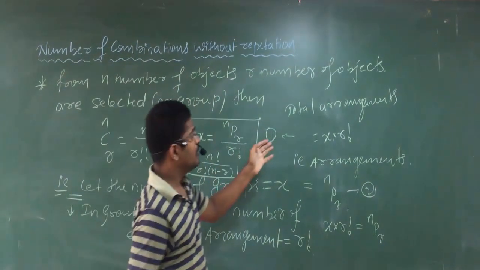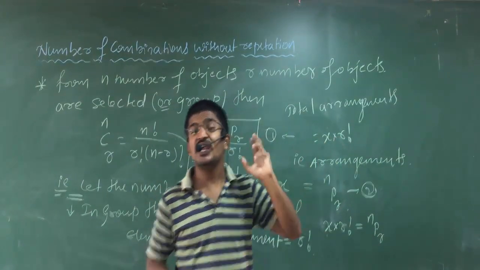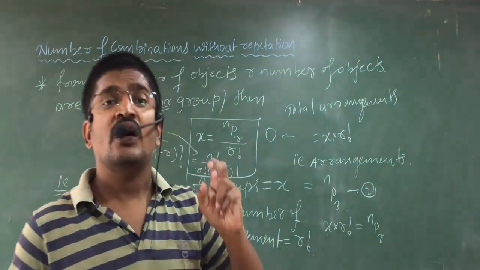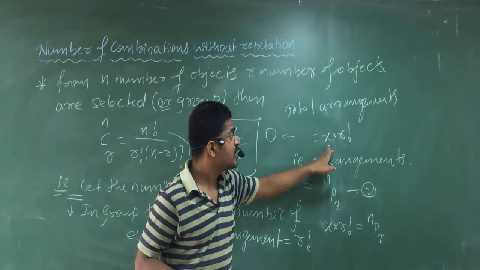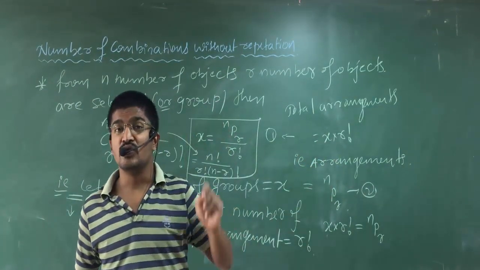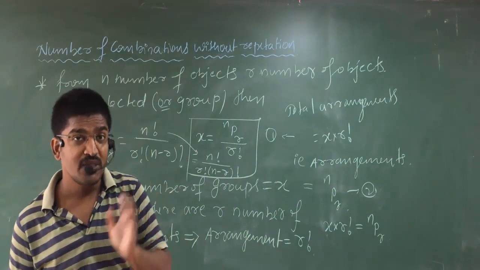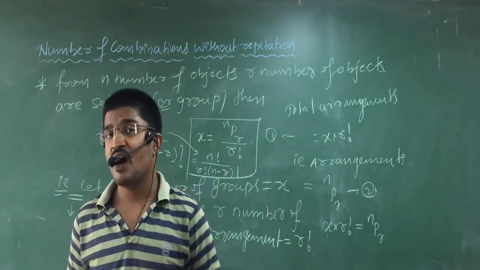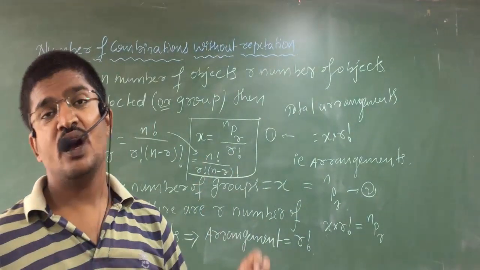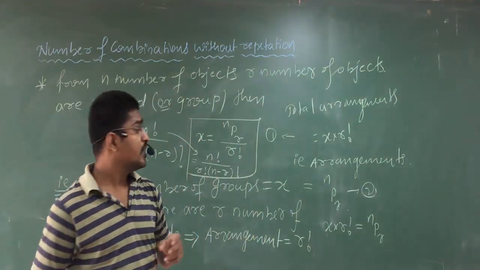If I multiply those two, it will be the total number of arrangements of your x groups. From the formula, arrangements can be given by nPr, so equation 1 and equation 2 both are equal.